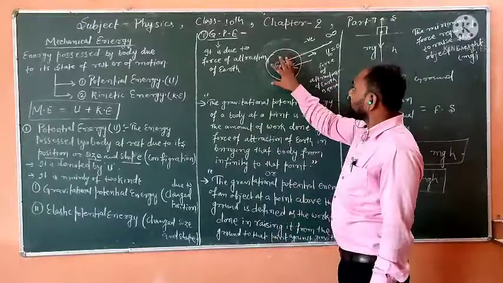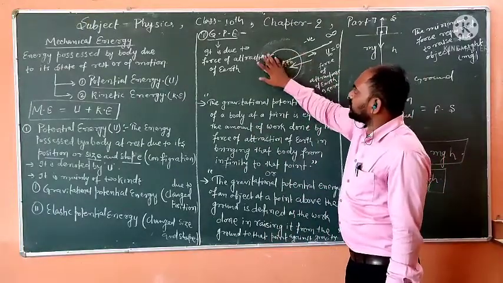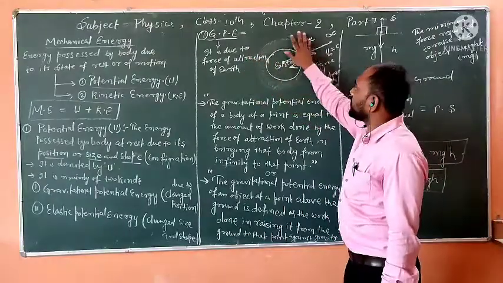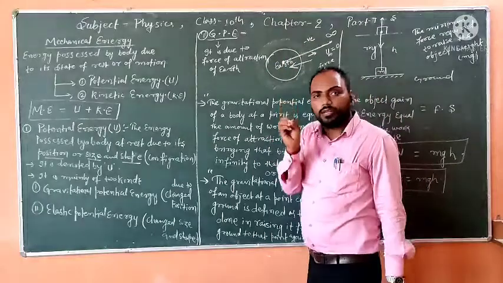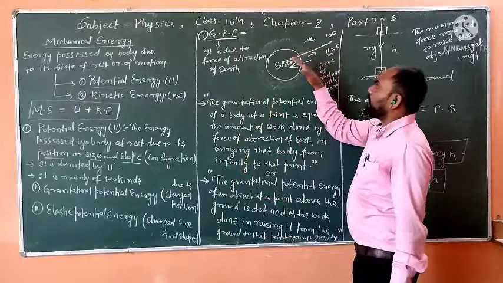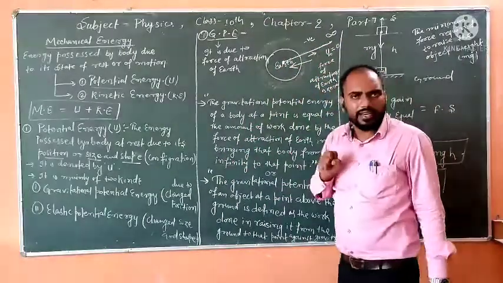Let's assume that there is an earth, and around this earth there is a limit, a field, a region in which a body will come and be attracted towards the earth. Beyond the earth's gravitational field, the object will not be attracted.